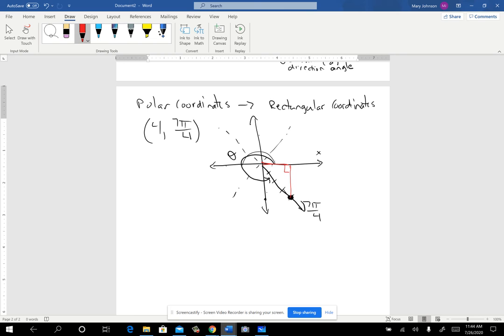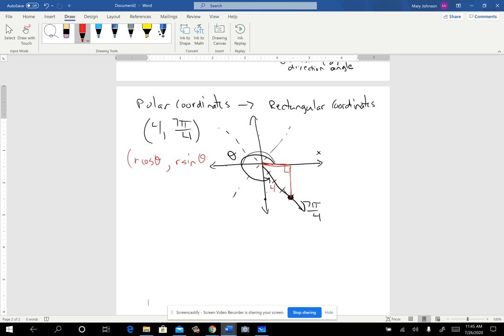Okay. Well, you know this is 4. And so what you need to do is just think about how this right here is related to cosine, and the vertical component is related to sine. And so when you try to get the x coordinate, you just need to do r cosine theta. And when you do the y coordinate, you do r sine theta.